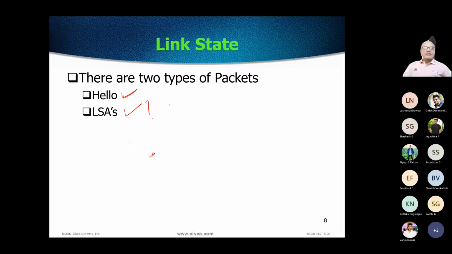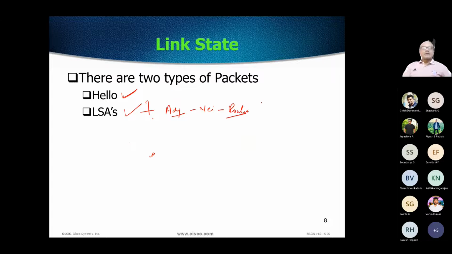What it does is it tries to form the adjacency with the neighbor router. So we have to remember these are the two types of packets available in OSPF, Hello and LSA. For LSAs we have many types: LSA 1, 2, 3, 4, 5, 6, up to 11 LSAs.